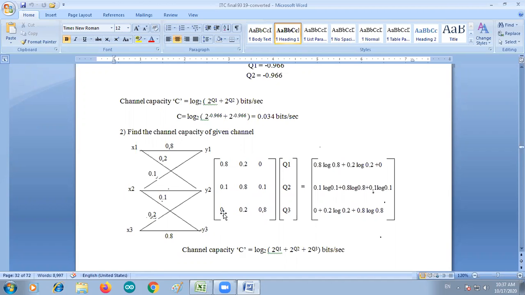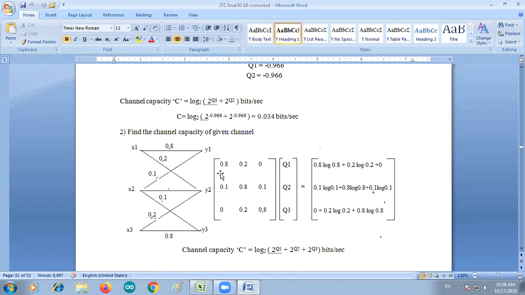Now P31: is there any connection between the third input X3 and the first output Y1? There is no connection, so it is 0. P32 is 0.2. P33 is 0.8. So the matrix is 0.8, 0.2, 0; 0.1, 0.8, 0.1; 0, 0.2, 0.8.